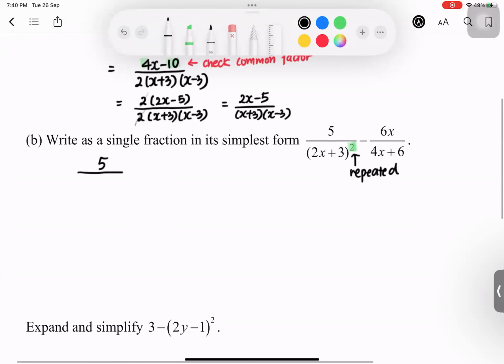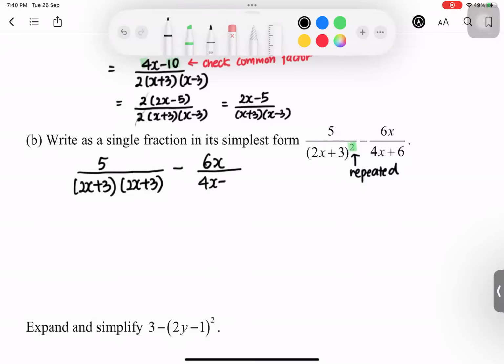It's 5 over 2x plus 3, one more time 2x plus 3, exactly the same. Minus 6x over 4x plus 6. You need to notice certain things. 4x plus 6 down here.